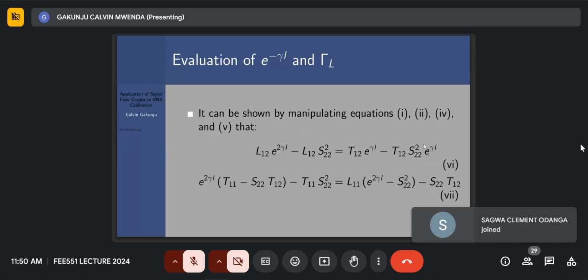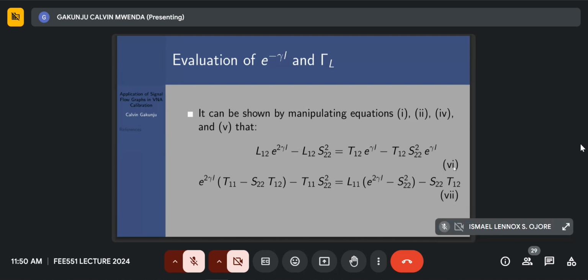you can get this equation and this equation, this pair of equations. Then you can note that this first equation 6 can be written as a quadratic equation of S22. Then you solve for S22, and you'll get S22 as a function of L12 and T12, then you plug that function into this equation here.